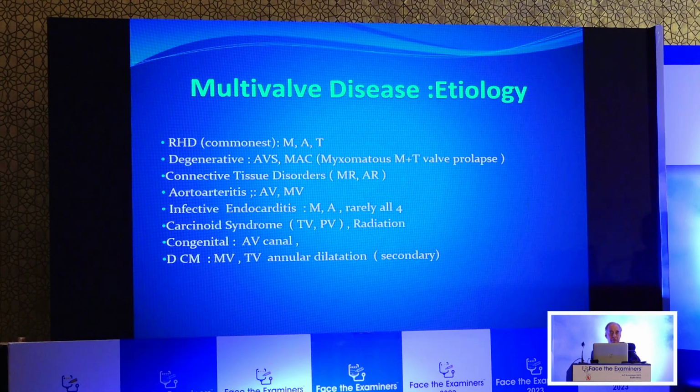Rarely, congenital AV canal defects can have mitral and tricuspid regurgitation, and at times you may get a case of dilated cardiomyopathy where there is a functional mitral regurgitation and aortic regurgitation, mitral and tricuspid regurgitation because of annular dilatation, and this can mimic valvular heart disease. So the background of etiology is important to understand.